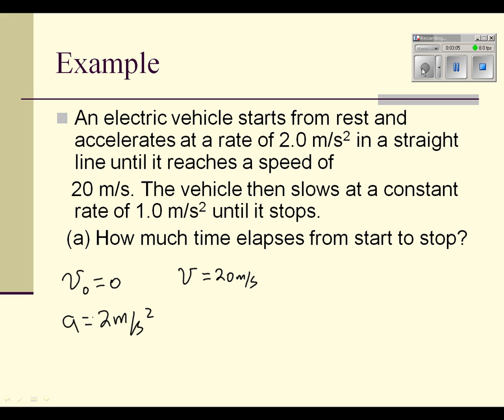The vehicle then slows at a constant rate of 1 meter per second squared until it stops. So now, in our second section, we have an initial velocity of 20 meters per second. Our final velocity now is 0. And we have an acceleration of negative 1 meter per second squared.